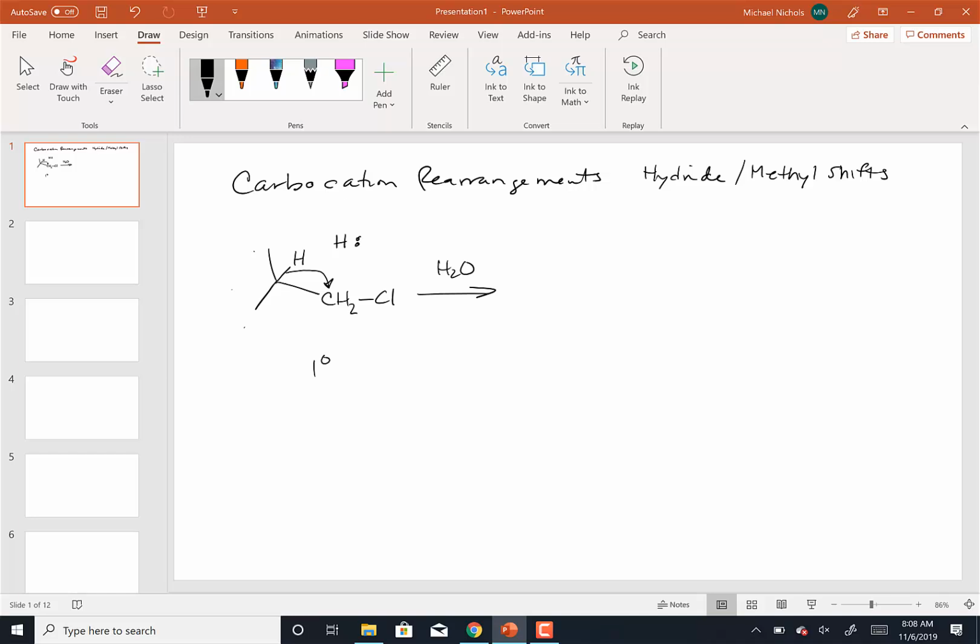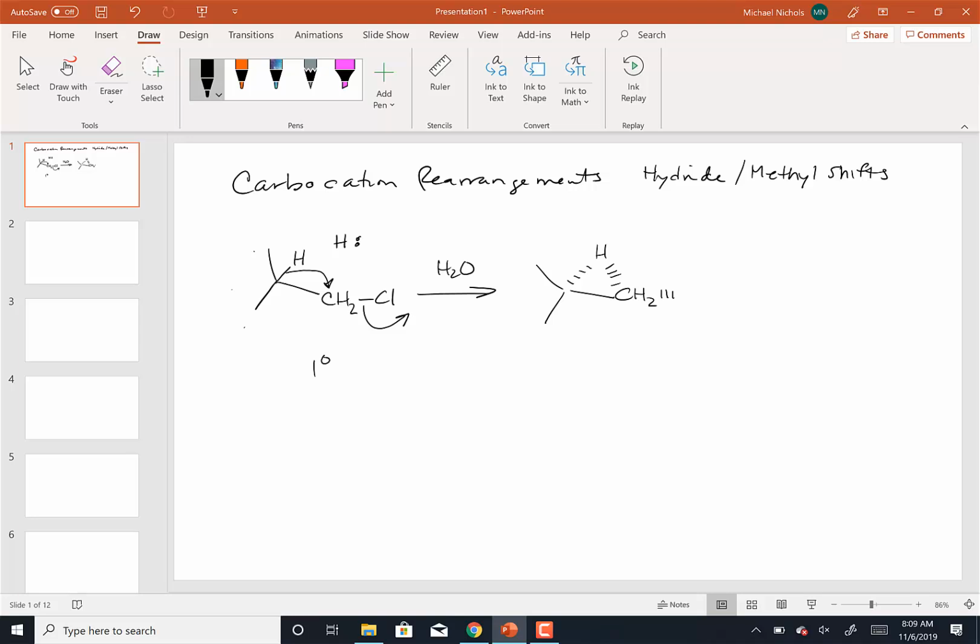That's the name. So we would call this a hydride shift. It's moving as an H minus. Now, if it just moves as an H minus, the chlorine has to leave. So we end up shifting the hydride over and the chloride leaving all in one step. The transition state for this would have the hydrogen partially bonded to each of the two carbons.